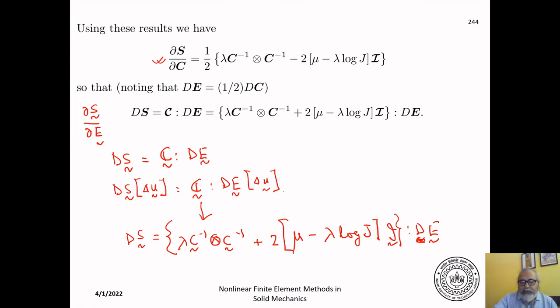Once we have the tangent stiffness in place, the correct form of the tangent stiffness is very important, because if the tangent stiffness is incorrect, then it's not consistent, and your Newton-Raphson may not work. Newton-Raphson depends on a correct calculation of the tangent stiffness.